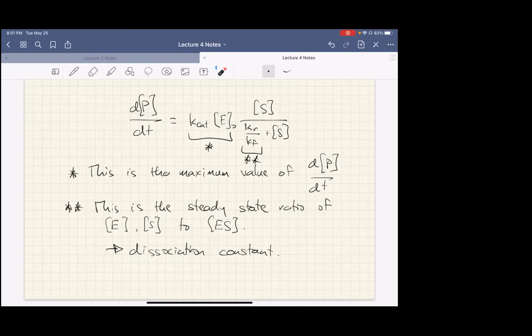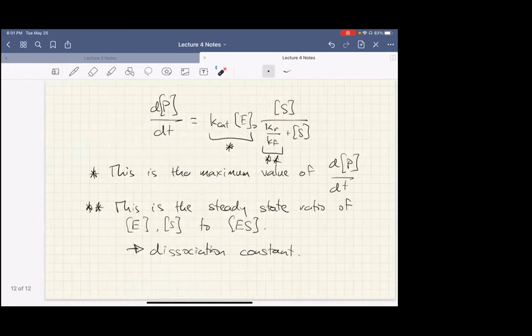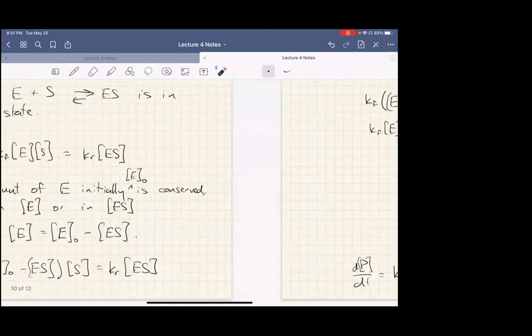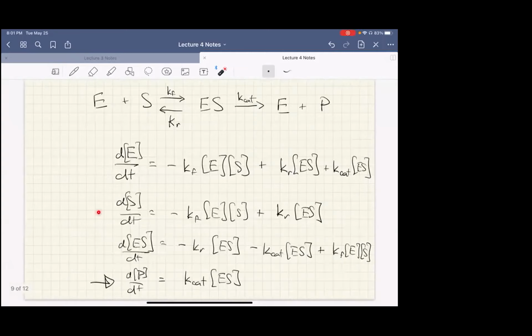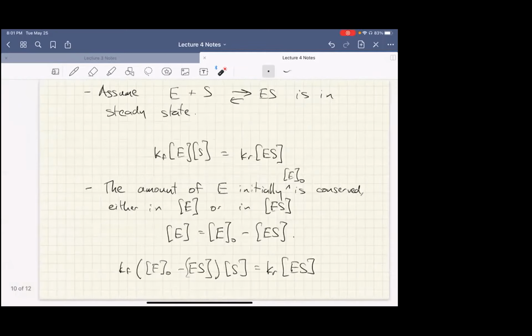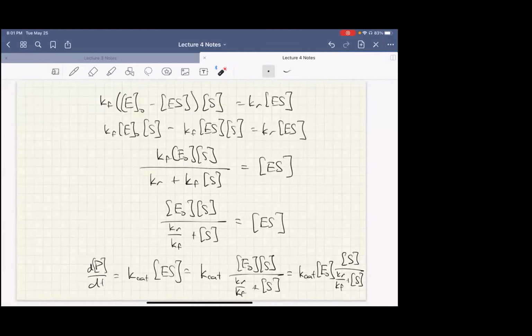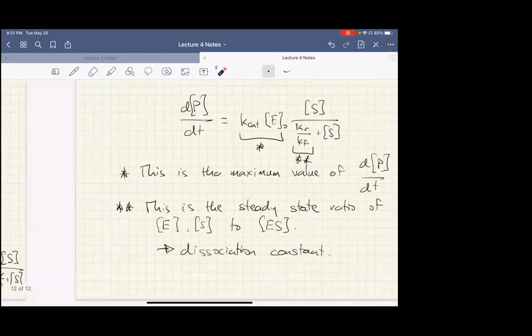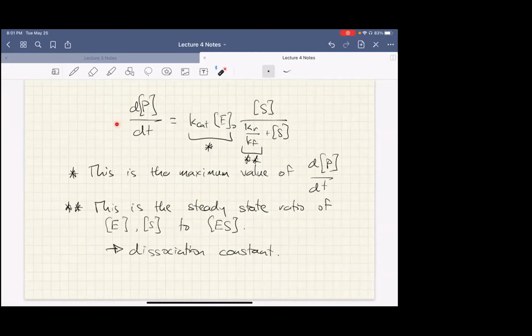But we did manage to take this nonlinear family of equations right here and transform them into a single equation in P and S that has constants that are physically meaningful.